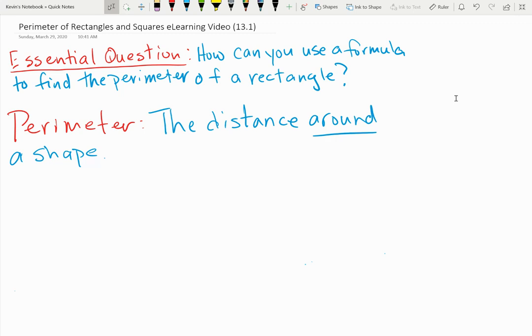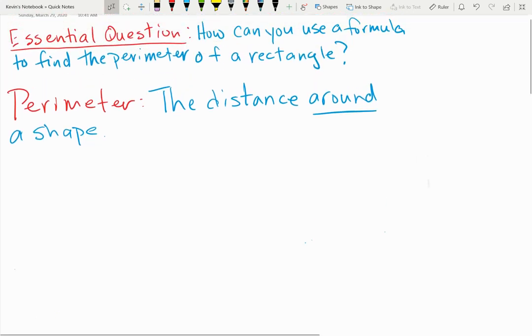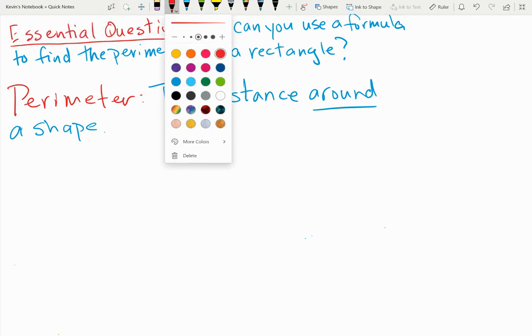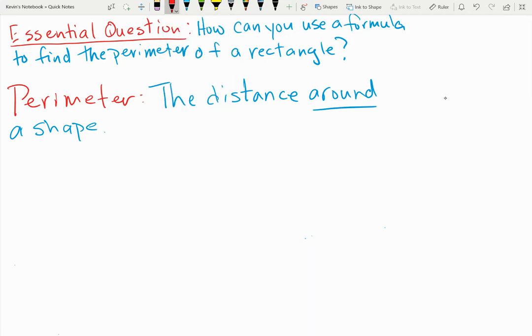Let's take a look at some of these formulas. There's a couple formulas you will need to know today. I'm going to go ahead and draw my rectangle. All right, so here's my rectangle.